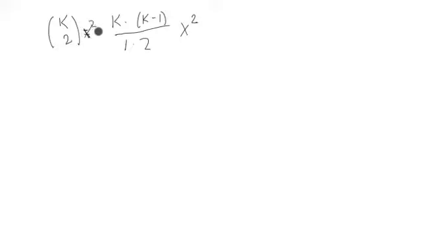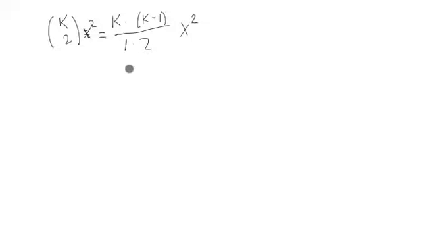So in general, suppose we replace 3 with just k, and maybe we say k choose 2. Couldn't we do something like k times k minus 1 over 1 times 2, where k is not necessarily an integer, and this should be the coefficient of x squared in a Taylor series.